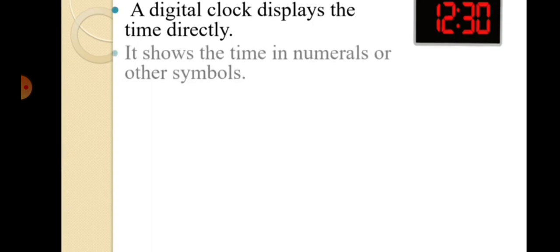So a digital clock displays us the time directly. It shows the time in number way, that is numerals or other symbols.